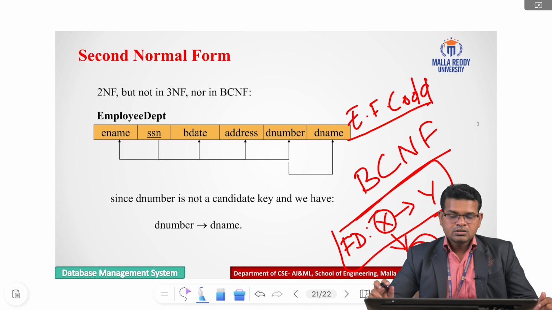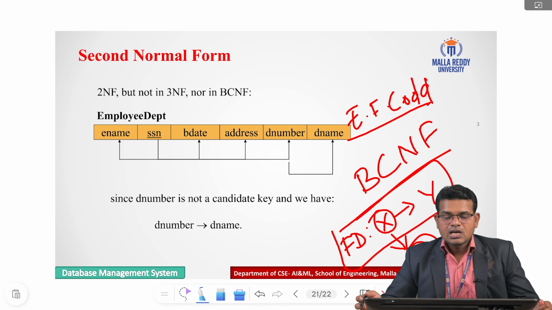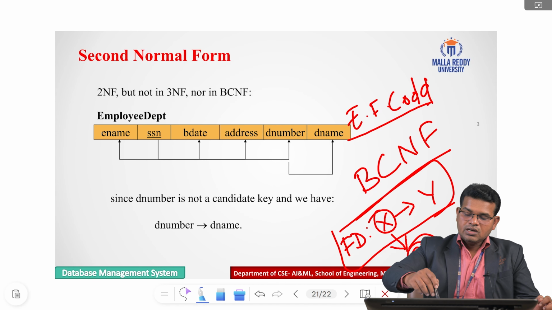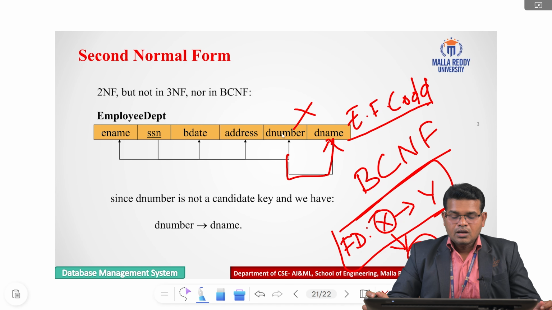In order to do that, we have to transform the table in such a way that no non-key determines another non-key. Non-key determines non-key kind of dependencies need to be removed.